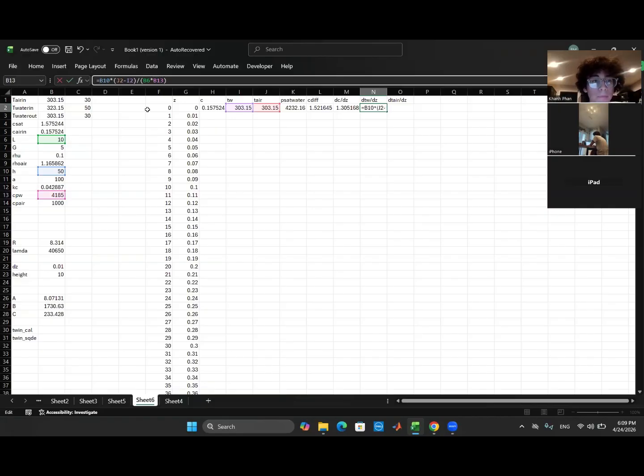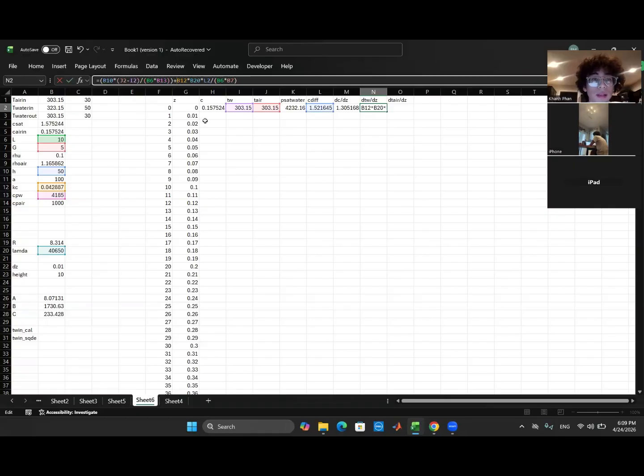And then let's put them all in a bracket. And then plus Kc lambda, it's Kc times lambda, divided by L times G, and then times C diff.